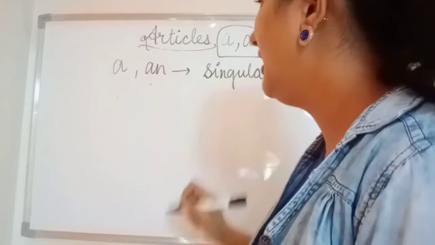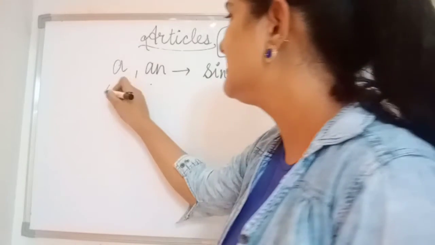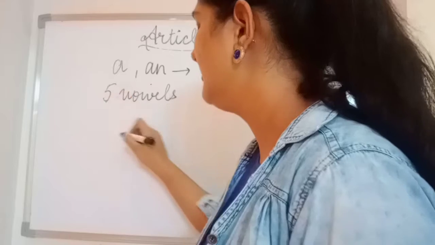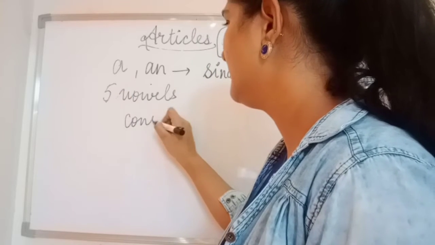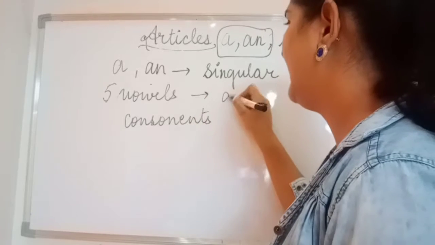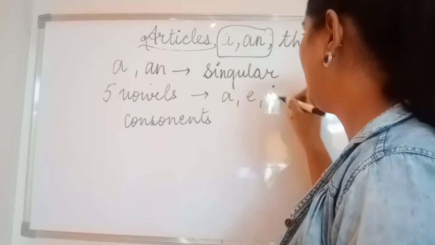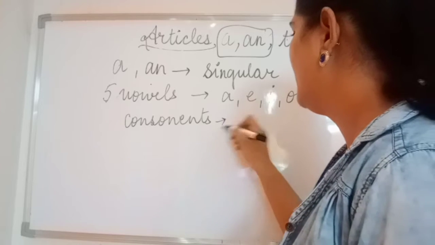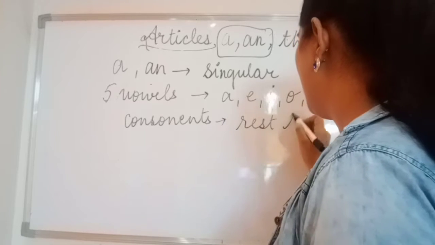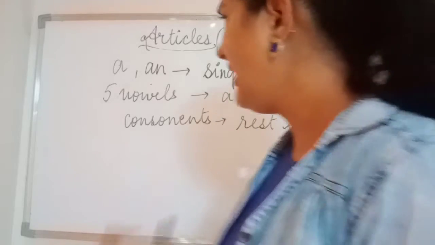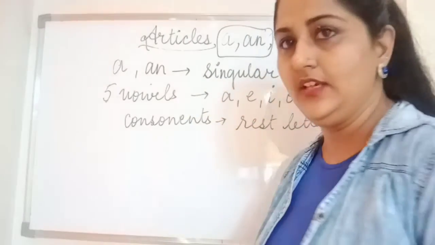As we all know, there are 5 vowels, right? And the rest are consonants. These 5 vowels are a, e, i, o, u, and the rest of the letters are consonants. So how are we going to use a and an?